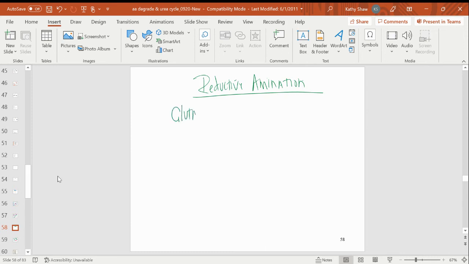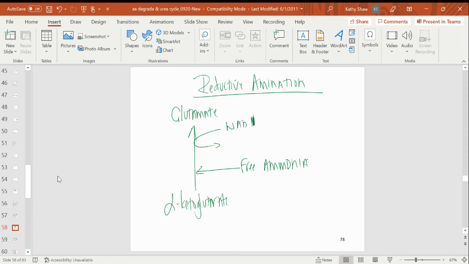So I want to make a molecule of glutamate. I'm going to do that by reducing and aminating alpha-ketoglutarate. So I'll put a free ammonia in, but since it's a reduction, I need to oxidize something. I'm going to oxidize NADPH to NADP. The enzyme I'm going to use, again, is glutamate dehydrogenase.